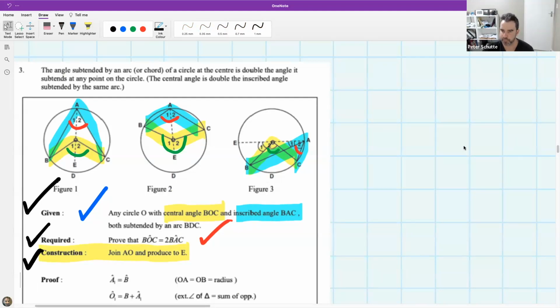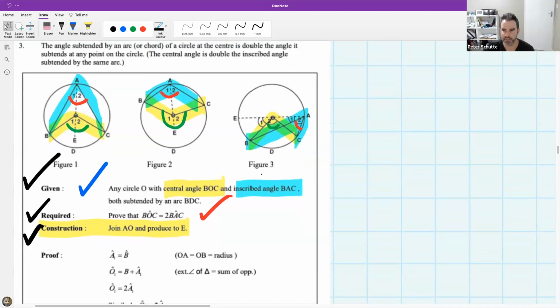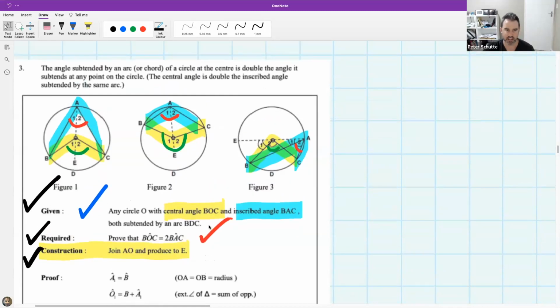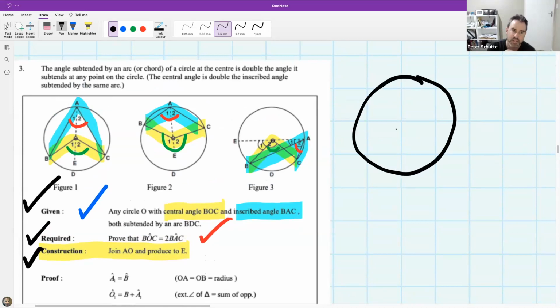Okay, no problem, Mitchell. Okay, now, if you look at what you need to do for this theorem, I'm not even going to worry about the writing out that they have there. I'm going to do my own little variation of this on the side. So I'm going to draw a circle. And what do I have?